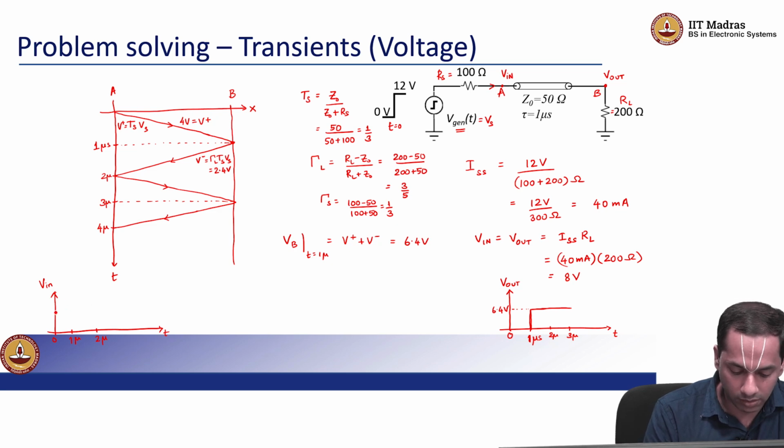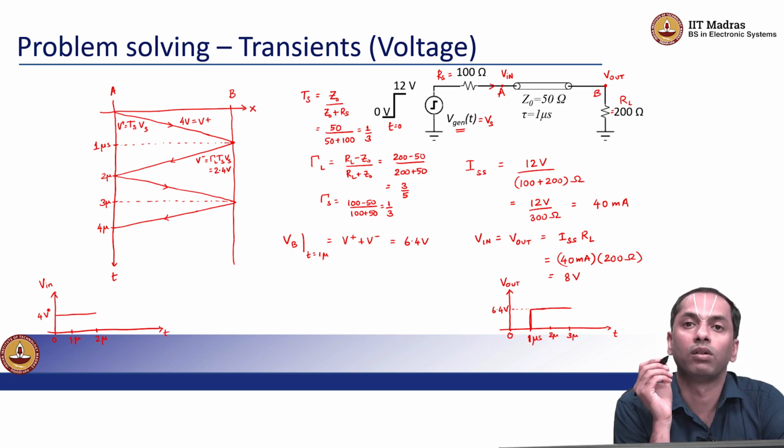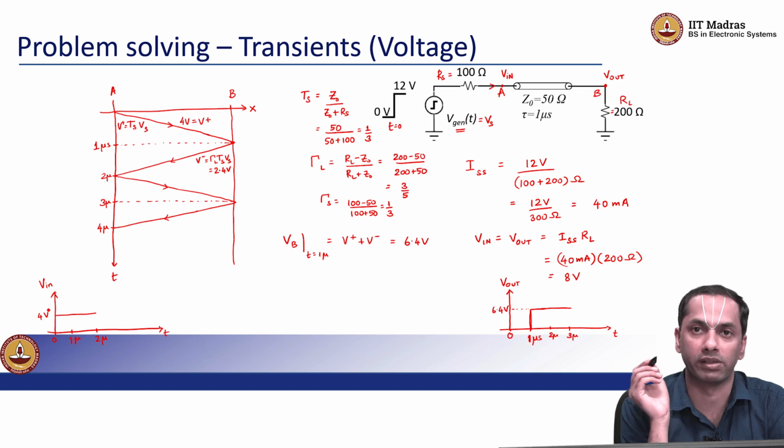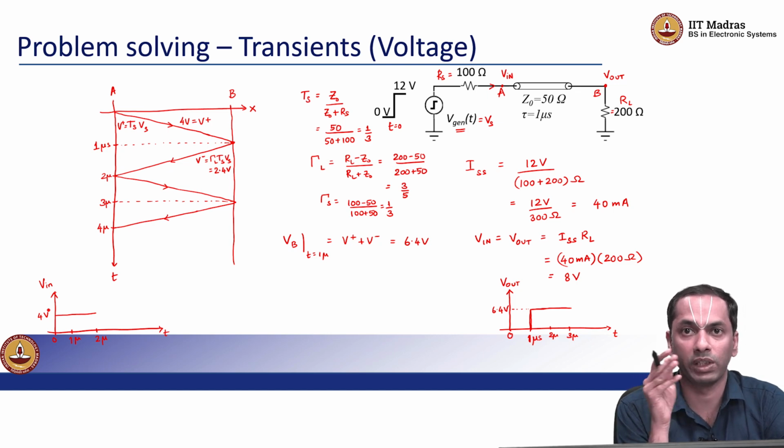Till about 2 microseconds, we have a voltage of 4 volts showing up at the input terminal of the transmission line. So, this is a step in understanding. V in has 4 volts, whereas V out goes to 6.4 volts, and there is a time delay. There is a lag between what the V out voltage is and the V in voltage is. So, we are allowing for different points on the transmission line to have different voltages at different times.